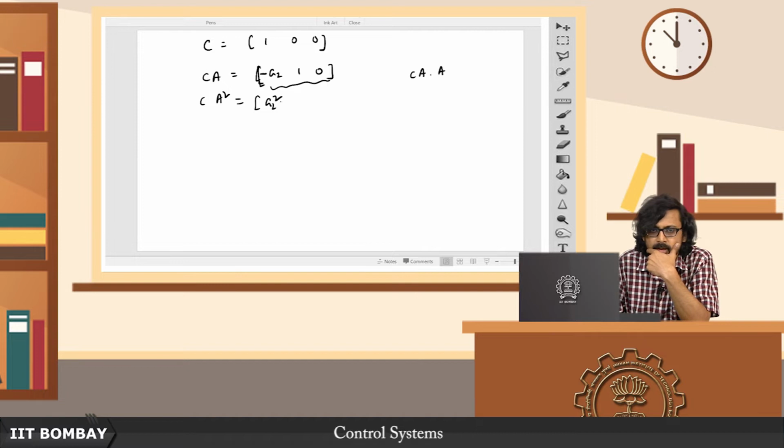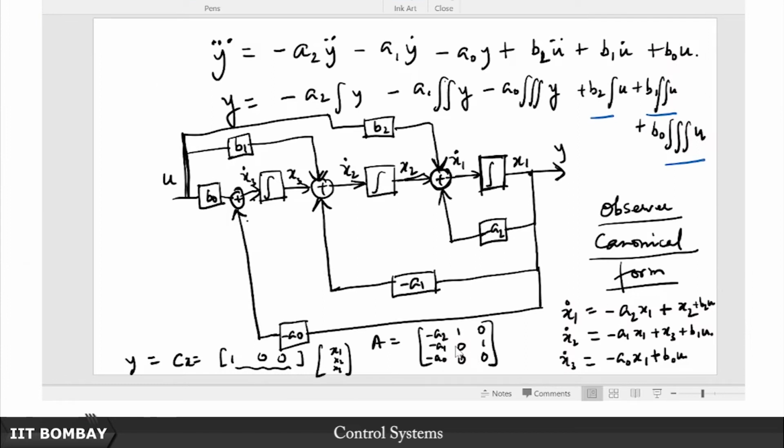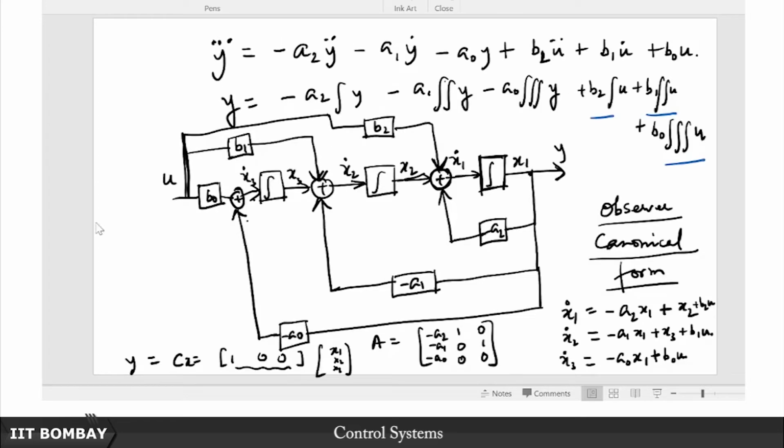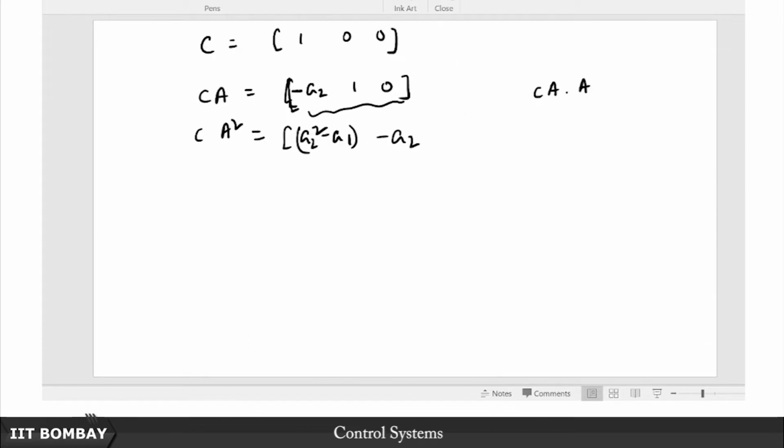So a2 squared minus a1 is the first term. What about the second term? The second term is minus a2, 0, 0, so it is going to be just minus a2. What about the final term? Final term is minus a2 times 0 plus 1 times 1 plus 0, so that is 1.